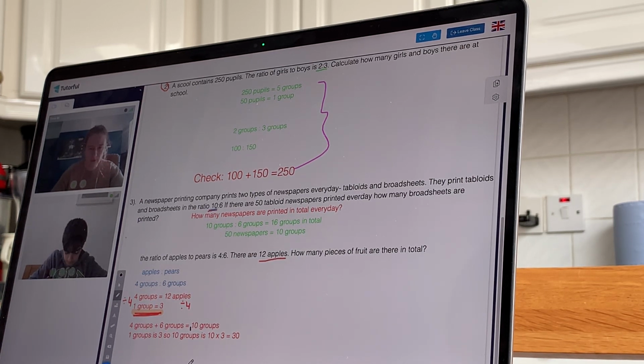One second. Yeah, no problem. Let me just divide this. 6, 12, 18, 24, 30, 36, 42, 48.